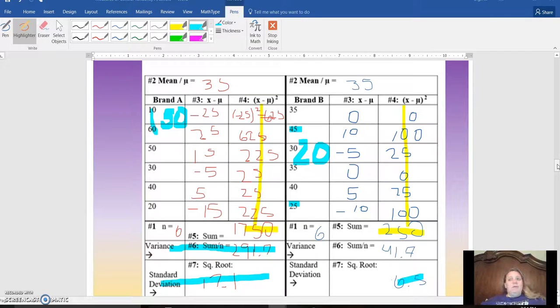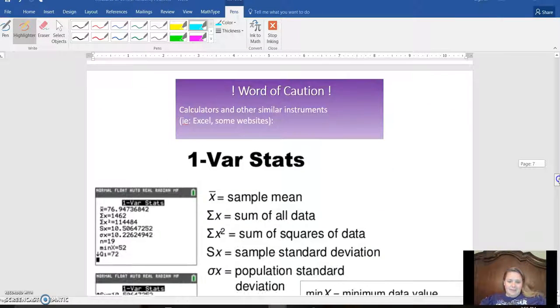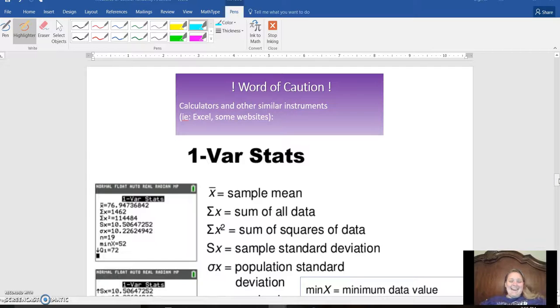In all the statistical classes that I've taken, we use some sort of program. We use a graphing calculator, we use Excel, something that helps us with that arithmetic piece of it. But you need to know how to analyze that data, what it all means.